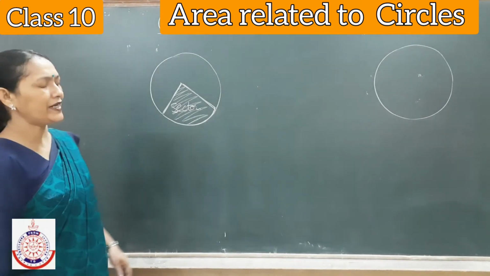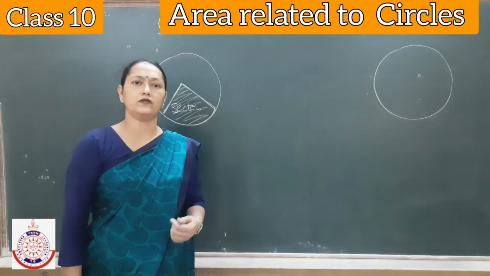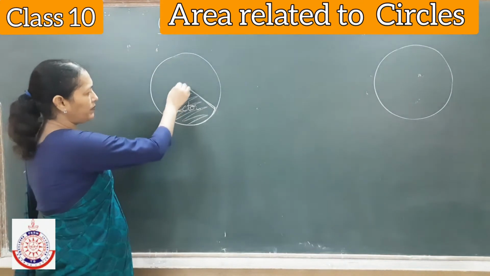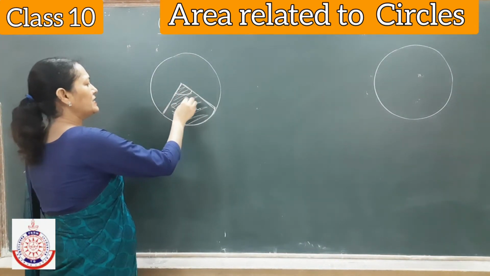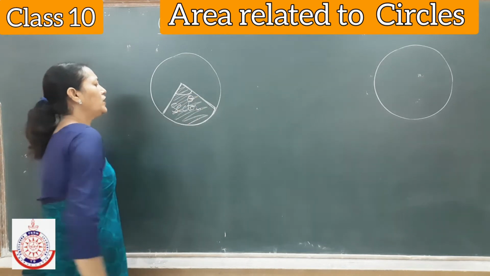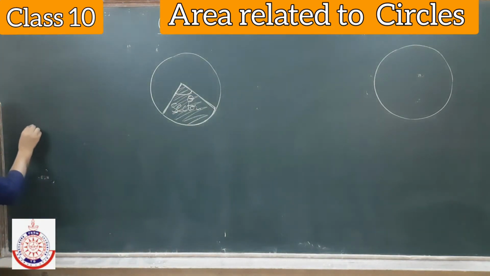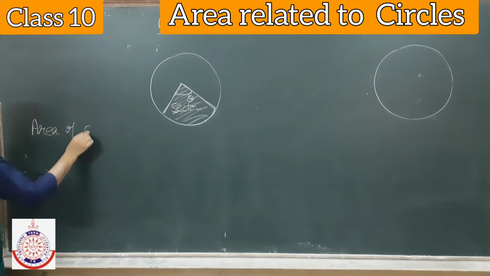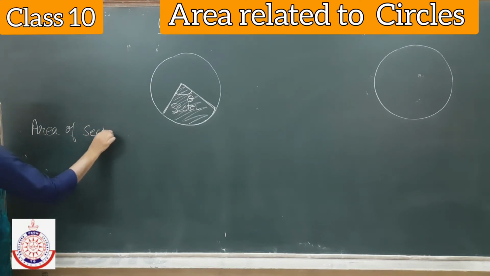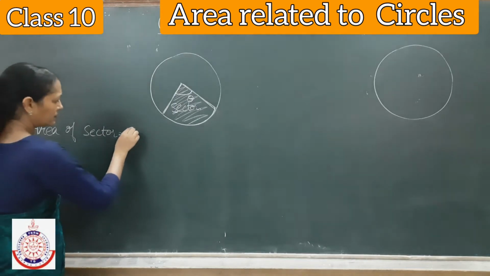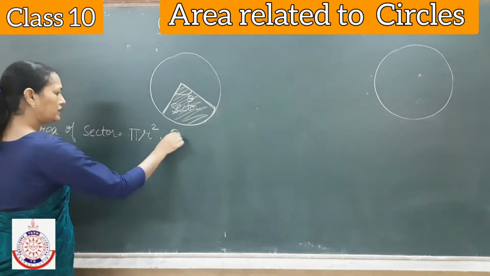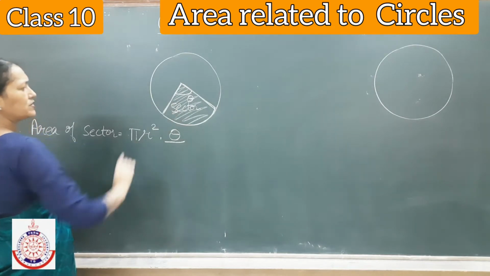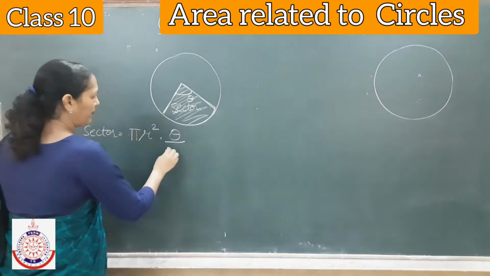If we have to calculate area of a sector, see, this part is being cut at a particular angle. Let this angle be theta. So area of sector will be the area of circle into angle at which the sector is being made upon 360.